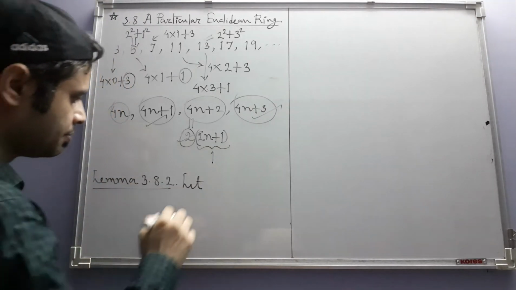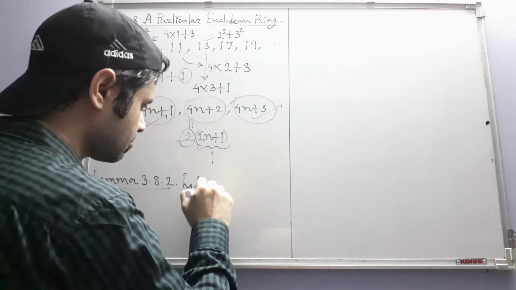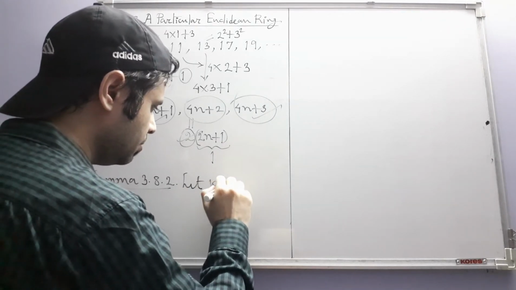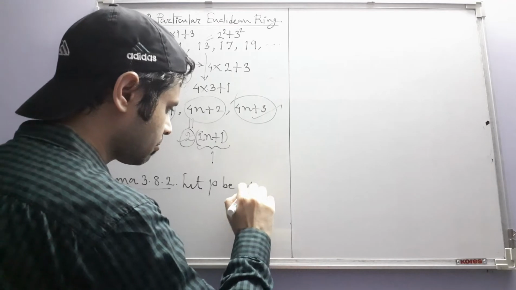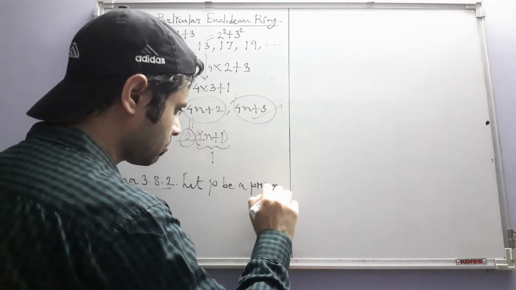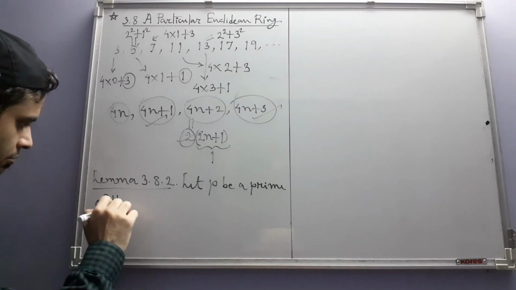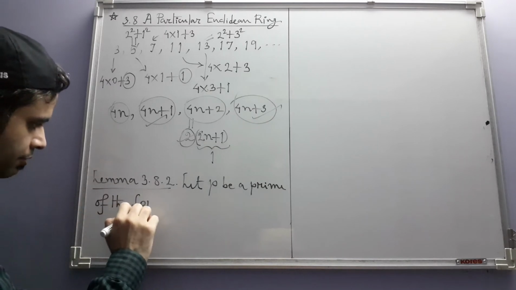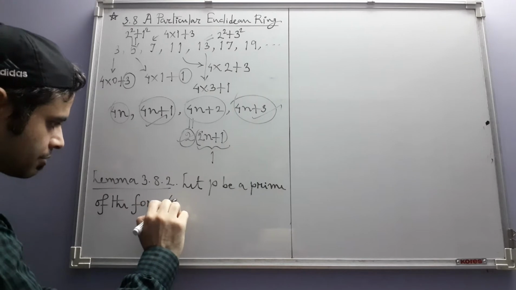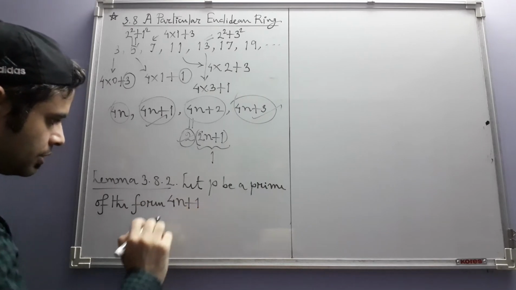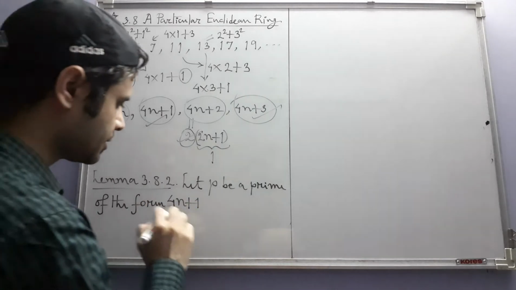So here let p be a prime of the form 4n plus 1. This is not the ultimate result, this is just a lemma.